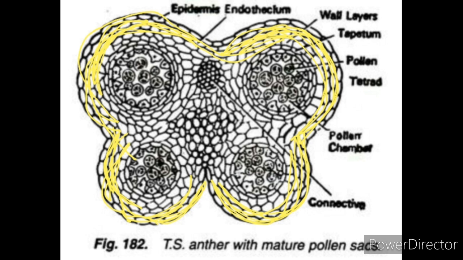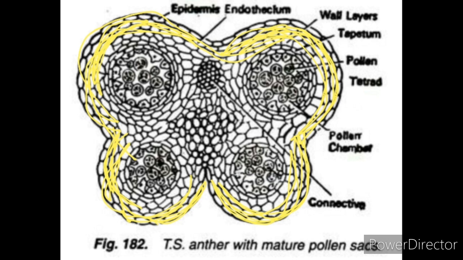The diagram shows all the parts: first the epidermis, second the endothecium, then the middle layers, and inside, the tapetum. Inside the tapetum, the pollen grains are present, and the central tissue is called the sporogenous tissue.